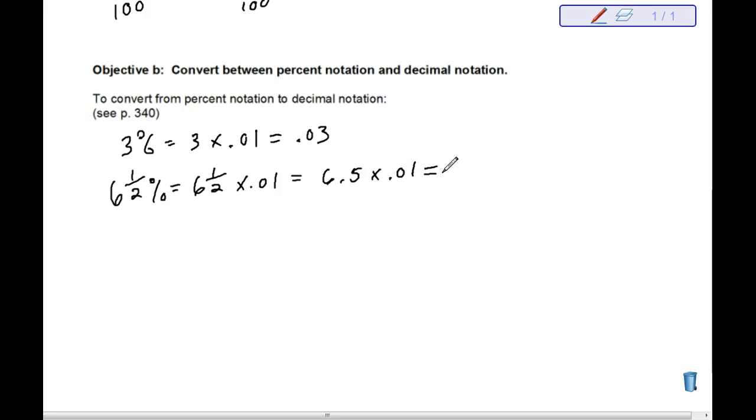Multiplying by 0.01 actually moves the decimal 2 to the left, doesn't it? So you don't have to write out that 0.01, but you want to remember that from percent to a decimal, the decimal point goes 2 to the left. That's the shortcut.